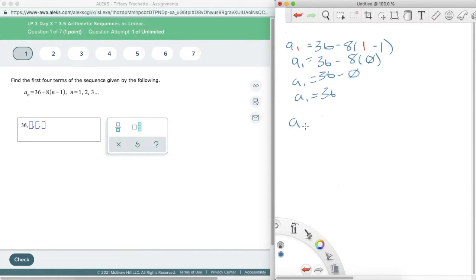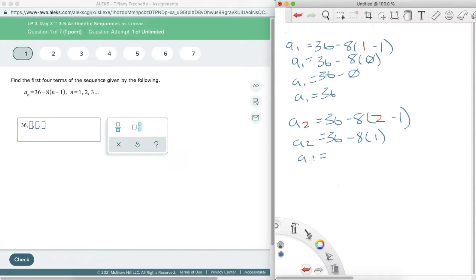All right, so for the next one, let's set this up again. All of that is the same as the first one here. But now I'm going to go to the second term, or the second number in the sequence. So now I have 36 minus 8 times 2 minus 1, which is 1.